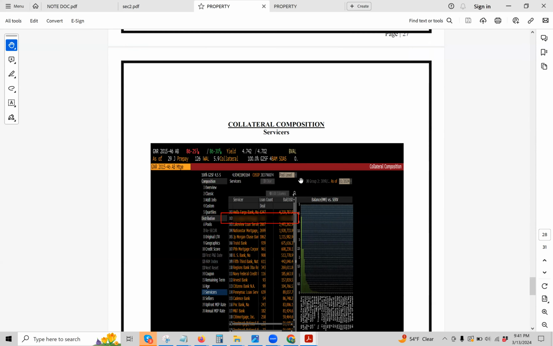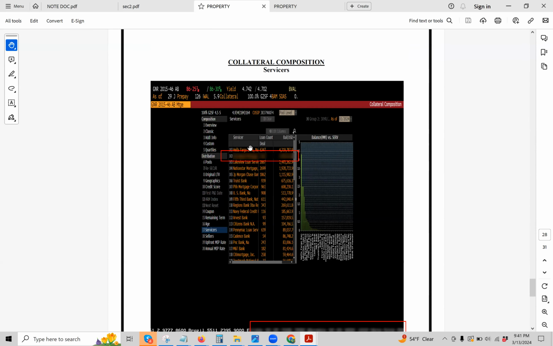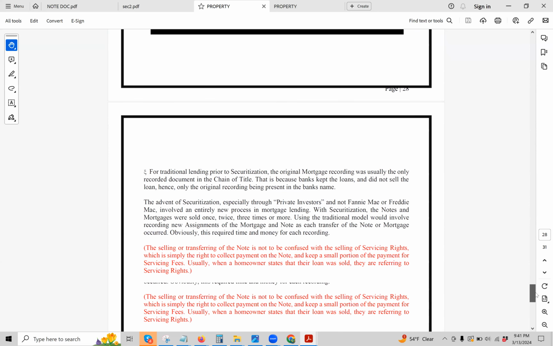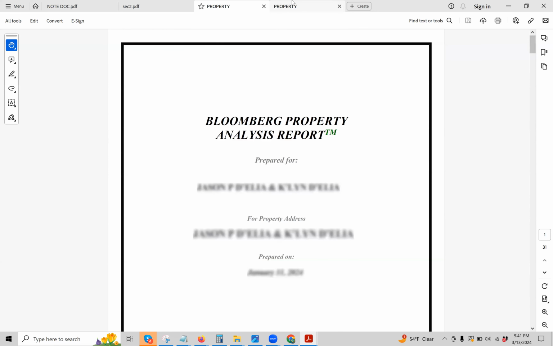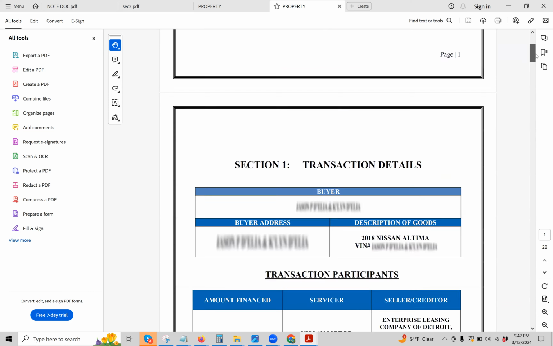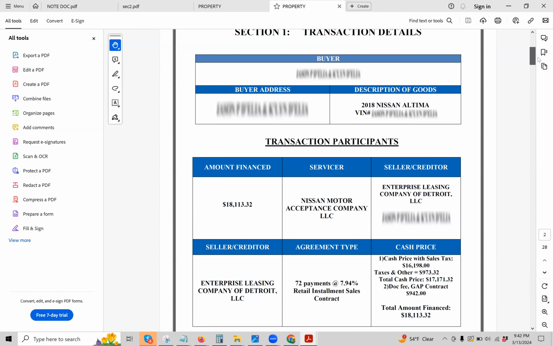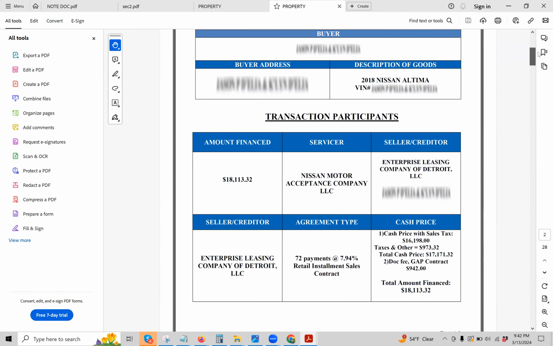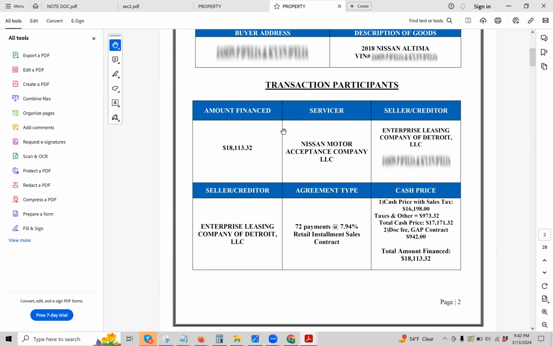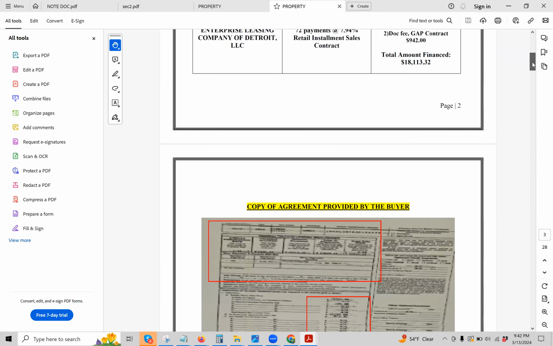Sometimes you'll have highlighted boxes that show you specific key or important pieces of information as well. Just going on to the third and final sample, this one was an auto loan one. As you can see here, same idea, same concept. We have the transactional participants here: servicer, seller, creditor, agreement type, price, things of that nature.